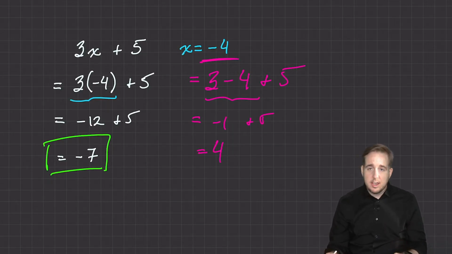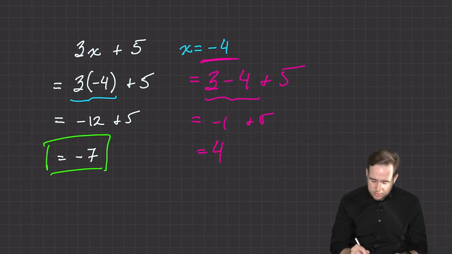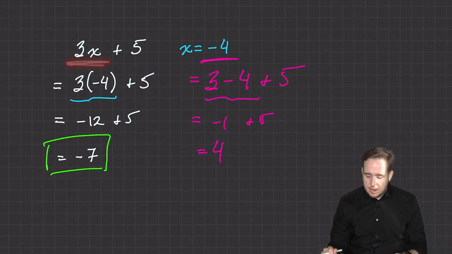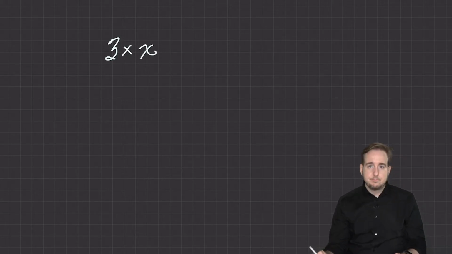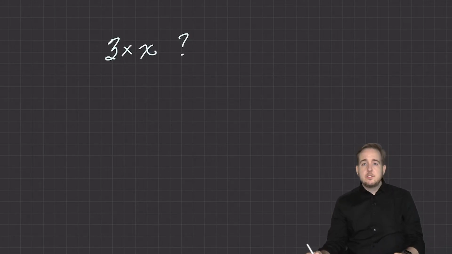And the last thing I'll say as part of this video is people sometimes have questions, which is, why is 3 times x written like that? Shouldn't it be 3 times x with a sign? And the answer is it could be. There are 2 reasons.